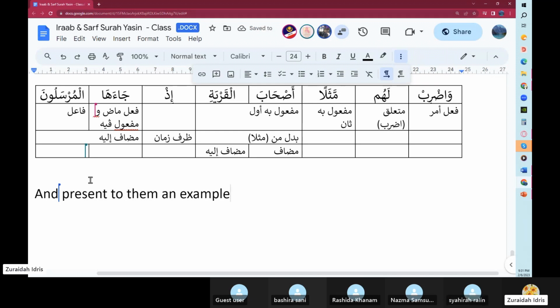Now, if this is the second maf'ul bihi or the badal for that matter, how would we translate it? The English way. If it is badal then as. Ashab al-kahf, as an example. An example as you said, is it?